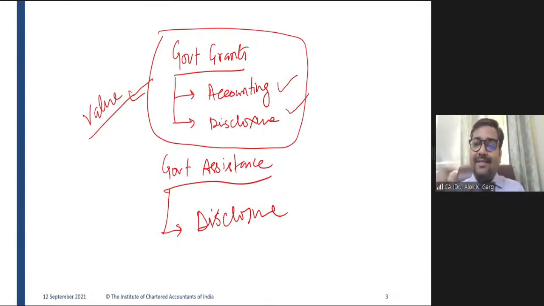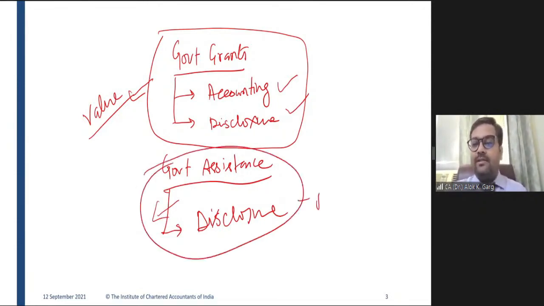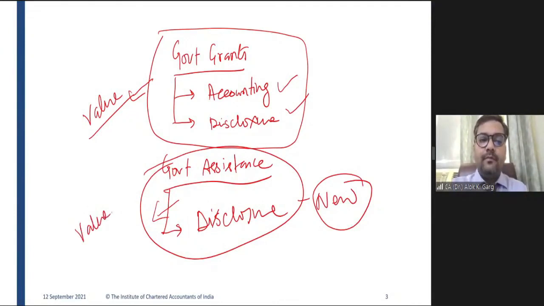So government assistance is that kind of grant which does not have a value, whose value cannot be measured. That is why, in case of a government assistance, only disclosure is required. And this is a new part which was not there in the accounting standard. Value can't be measured for government assistance.